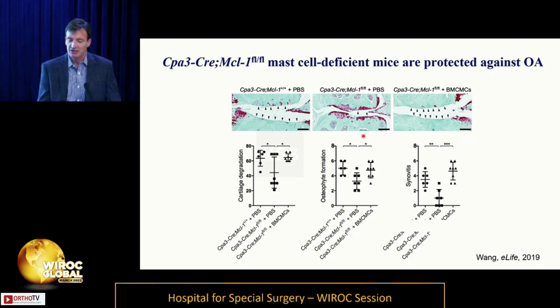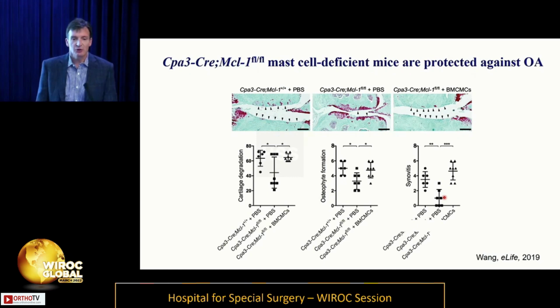But again, this second mast cell deficient mouse was also protected against OA as compared to the wild type control, and reconstituting the joint by injecting mast cells into the joint restored the OA phenotype. And again, on blinded scoring, there's reduced cartilage degeneration as compared to the wild type in the mast cell reconstituted, reduced osteophytes, and reduced synovitis.